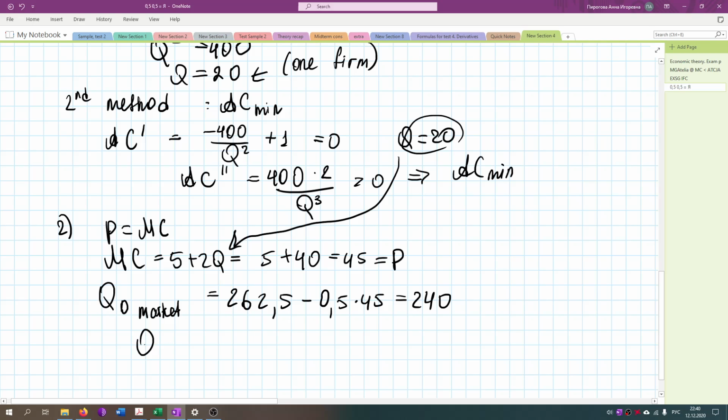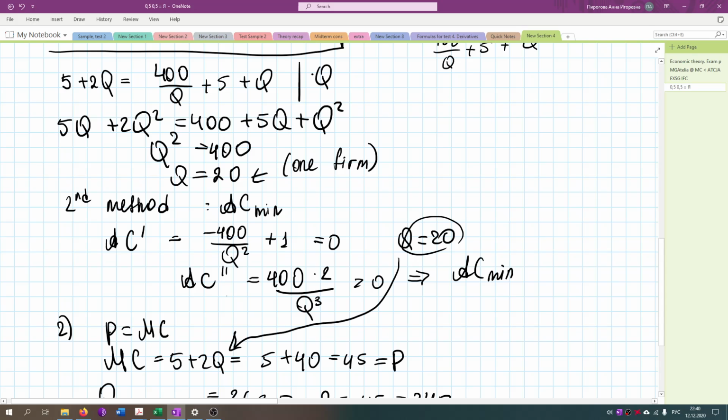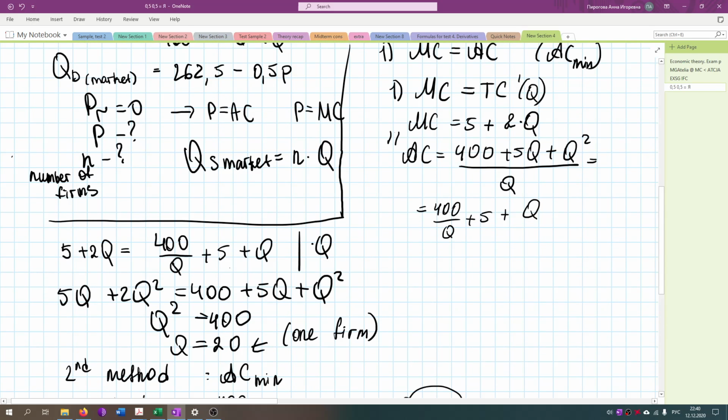And now we need to equalize our demand for market and our supply for market. It will be 240. And now we know how many units one firm produces.